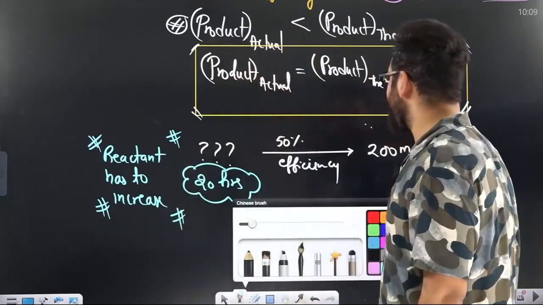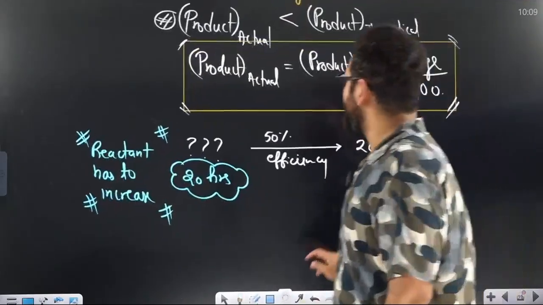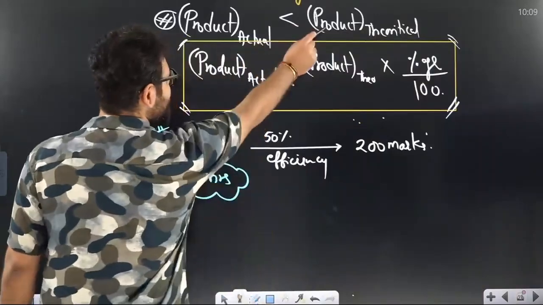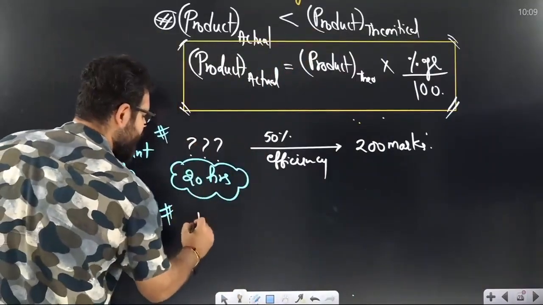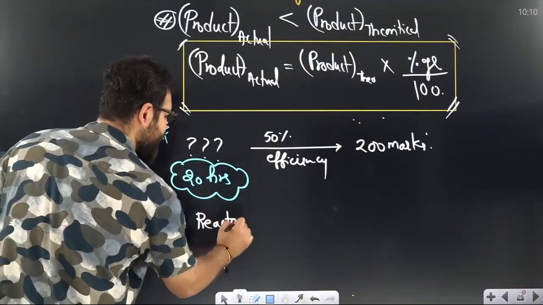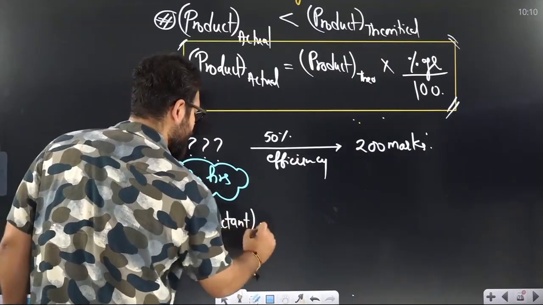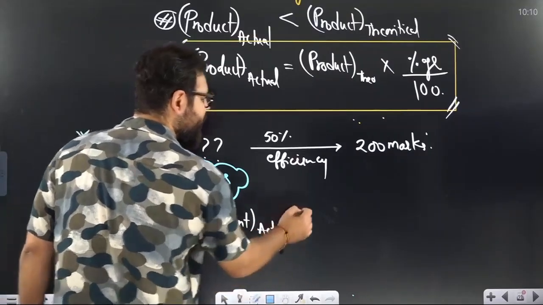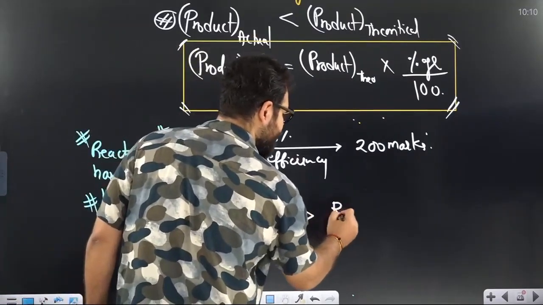So the formula becomes the second formula. Remember it. Product has to be less than theoretical, whereas actual reactant should be taken more than theoretical.